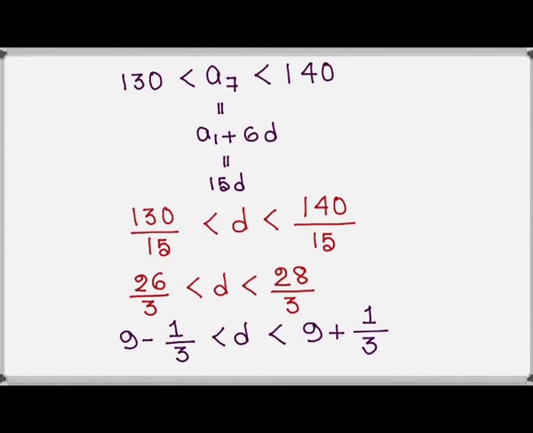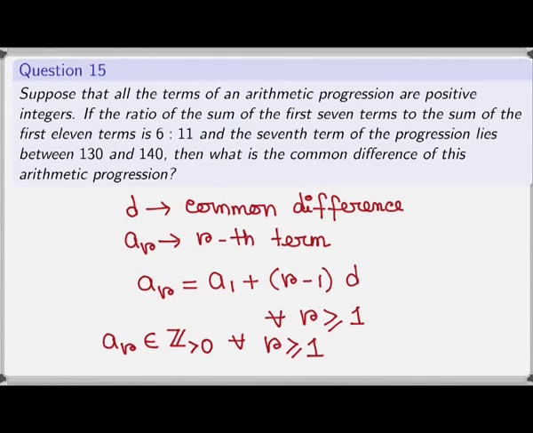As we know, D is an integer, we get D is equal to 9. So, the common difference of this arithmetic progression is 9. With this, we conclude our problem solving session on arithmetic, geometric and harmonic progressions.